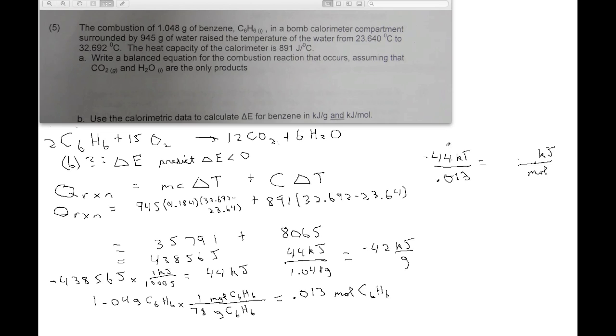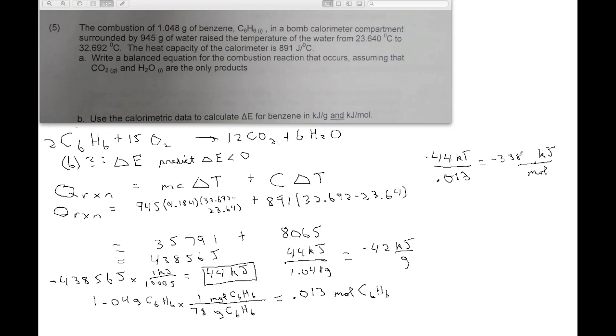Yeah, so this should have been, where's my mistake? 44 kilojoules divided by... Alright, tell me one more time what your answer was. Negative 3,265 kilojoules per mole of benzene. And negative 41.85 kilojoules per gram of benzene.